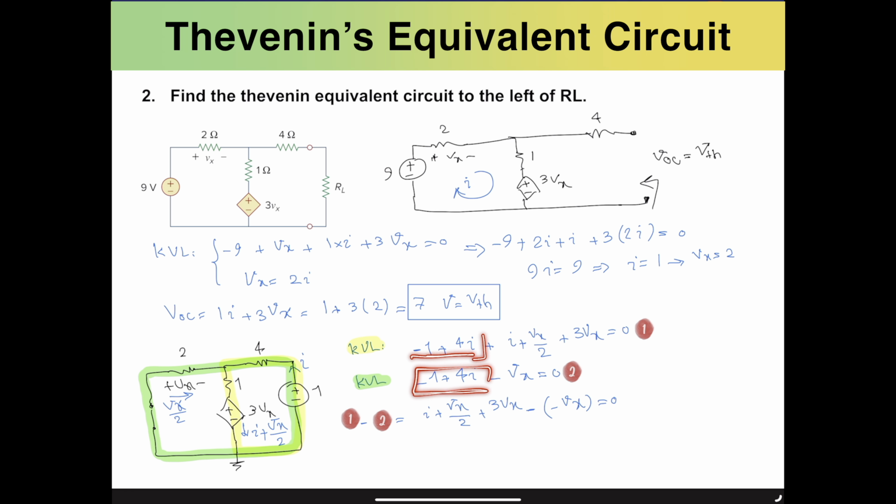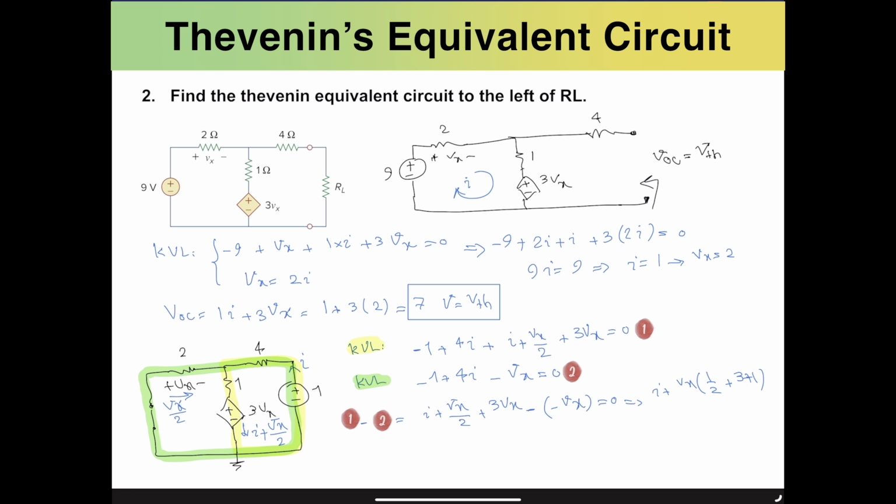Remember that these two terms are already zeroed out because they are identical. Now, if I simplify that, this would be plus Vx and 4Vx with the summation of them. So that will be I plus Vx, that will be factored out, 1 over 2 plus 3 plus 1.